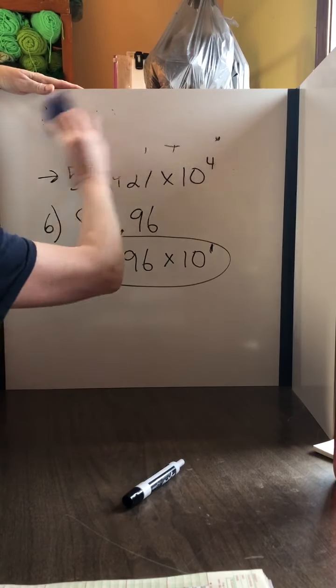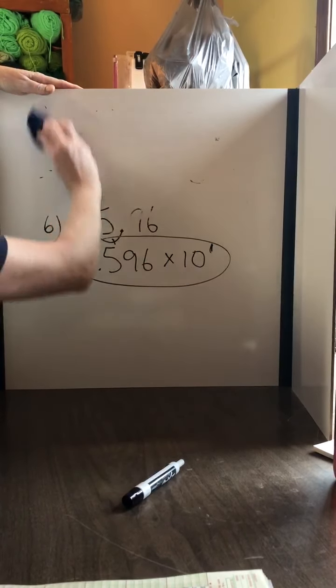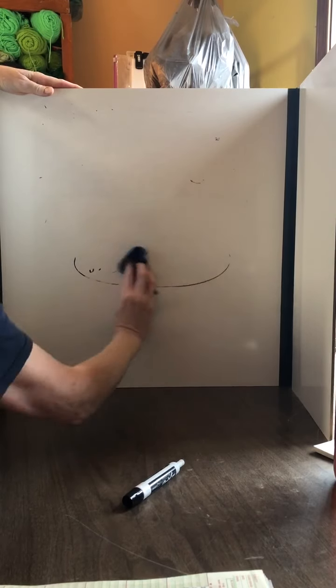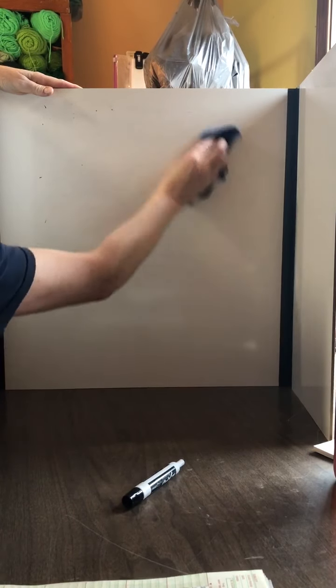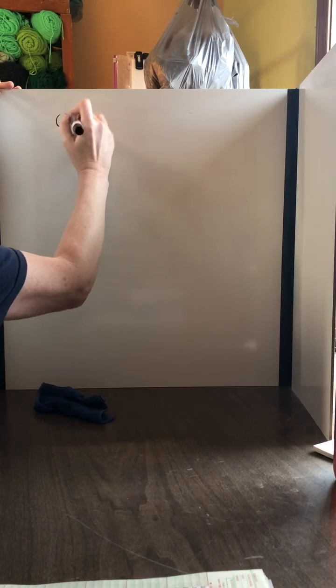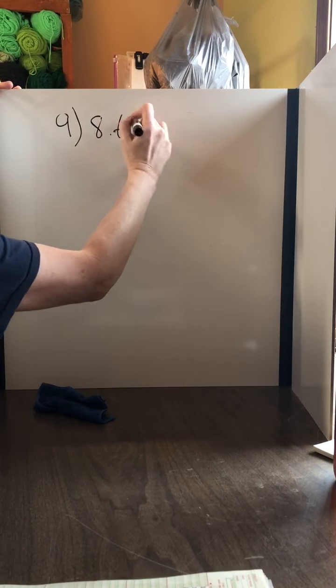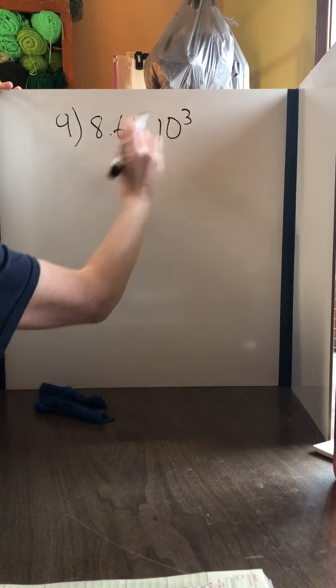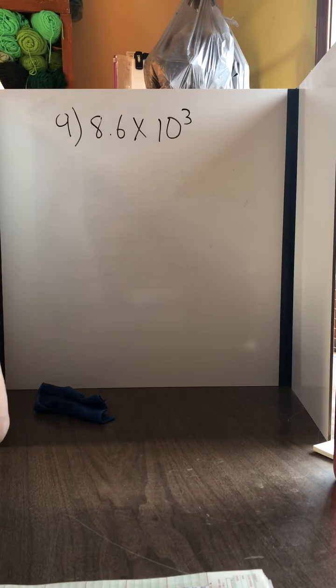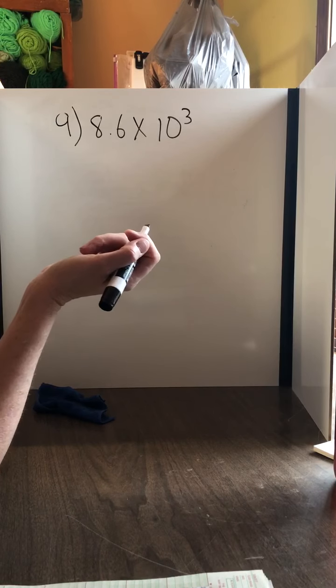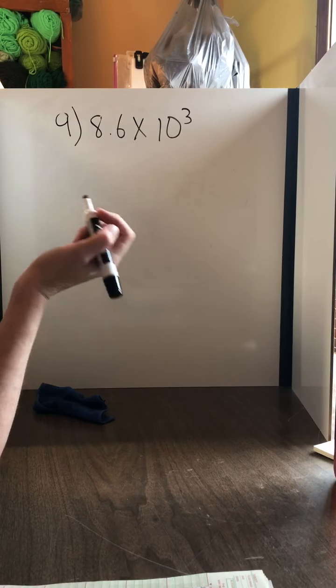On the bottom half of the homework, you are actually going the opposite way. You are converting from scientific notation back to standard notation. So on number 9, you've got 8.6 times 10 to the 3rd power. And what that's saying is I've got this written in scientific notation, and to convert it to standard notation, I'm actually going to multiply it by 10 to the 3rd power.